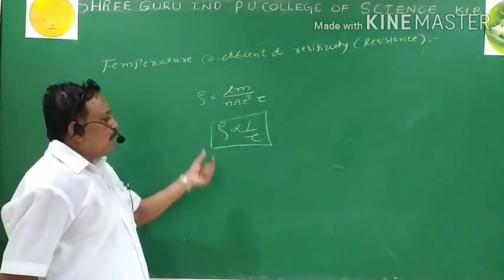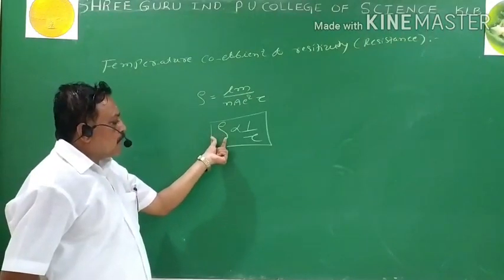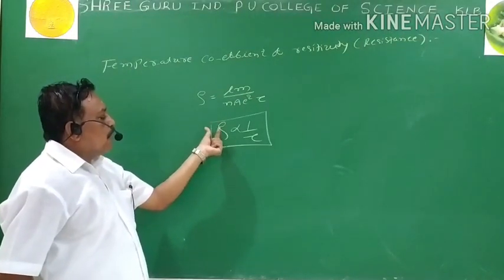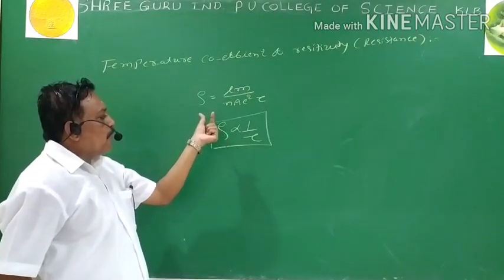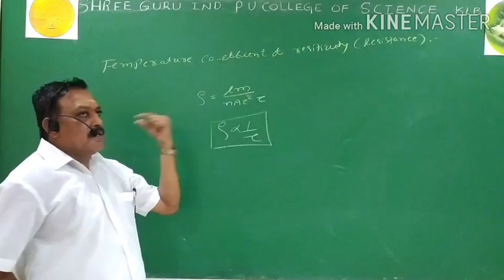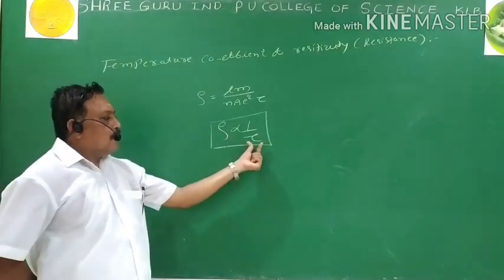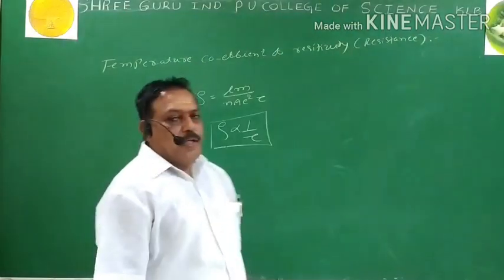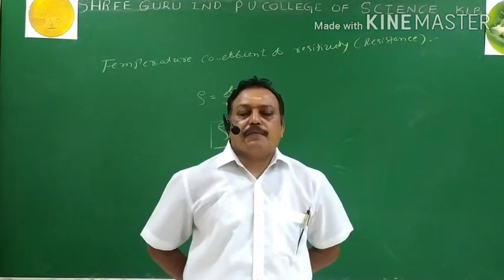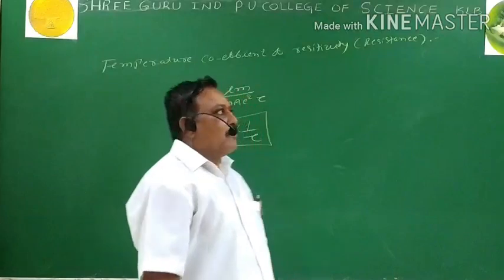So we are going to have a relation between temperature and resistivity. With the increase in temperature, there is an increase of resistivity due to the decrease in relaxation time. So, by varying a small amount of temperature, what is the effect on the resistivity of the conductor?